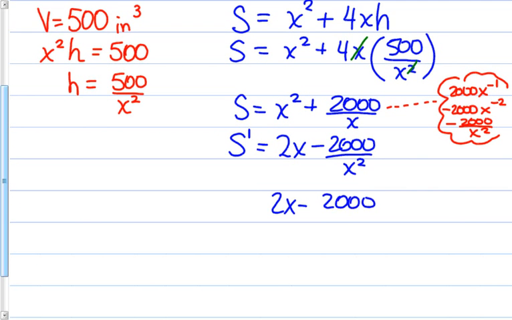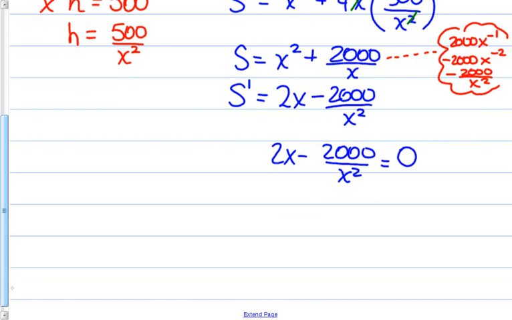And I'm going to move the negative 2,000 over. So 2x equals 2,000 over x squared. Best way to do this is to cross multiply. So I get 2x cubed equals 2,000.